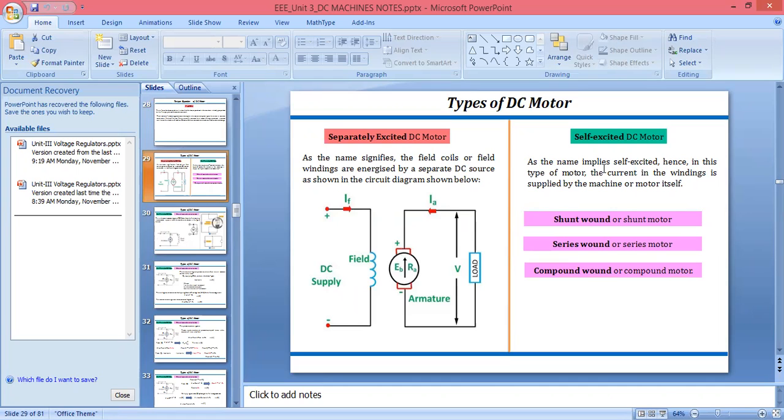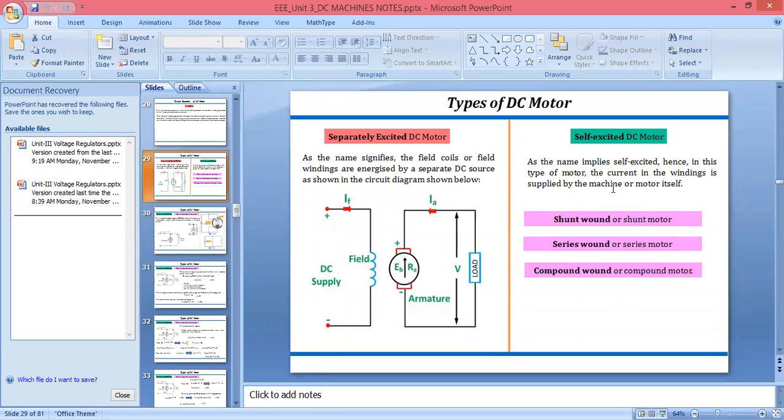But in the self-excited DC motor, we can give DC supply to the armature. In self-excited, we give DC supply to the DC motor, and at that time the field winding will get DC supply. But in a separately excited DC motor, we give DC supply individually, privately, to the field winding.